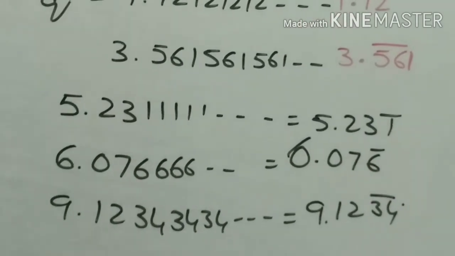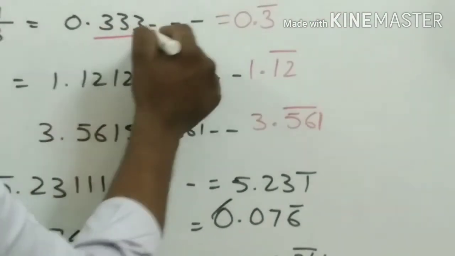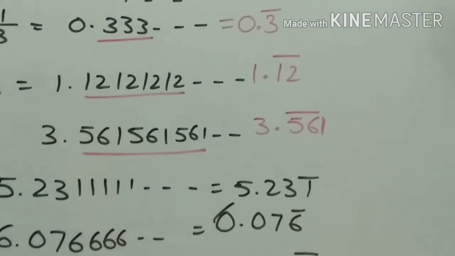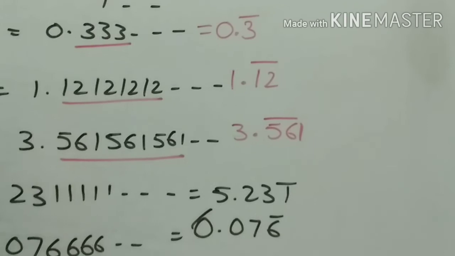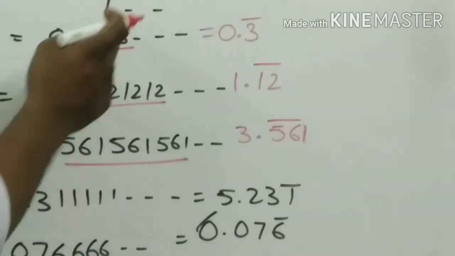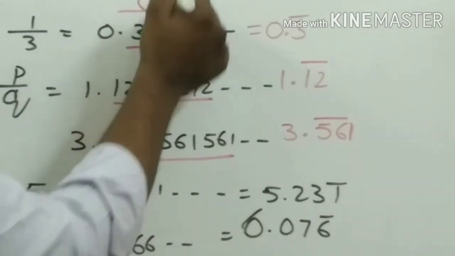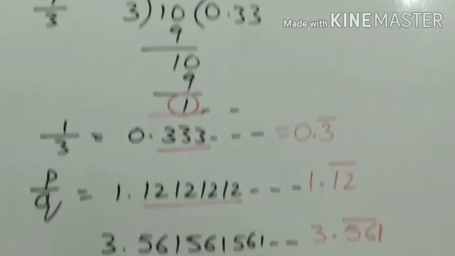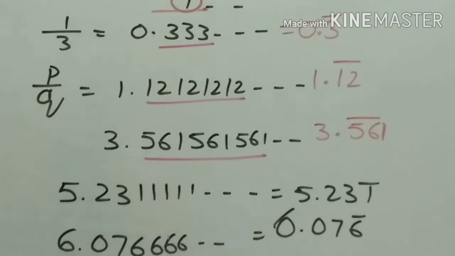Here, after the decimal point, all the numbers are repeating. It's non-terminating because 0 is not reached, and these are all repeating.